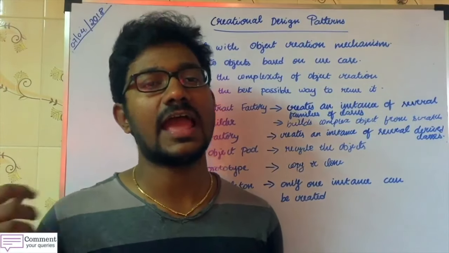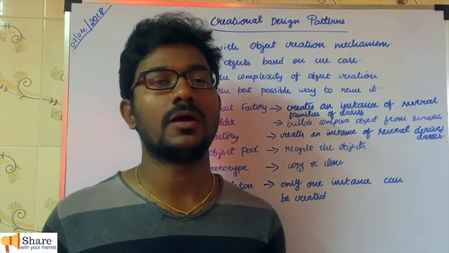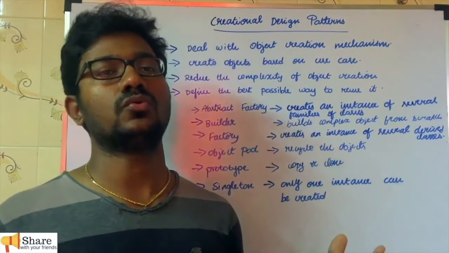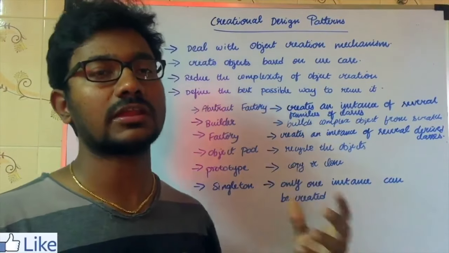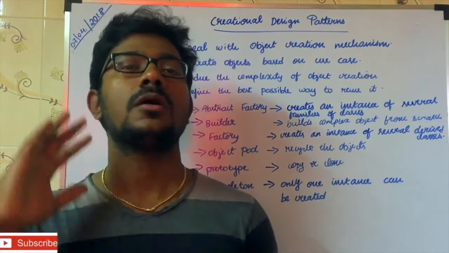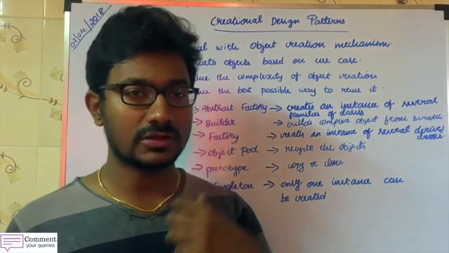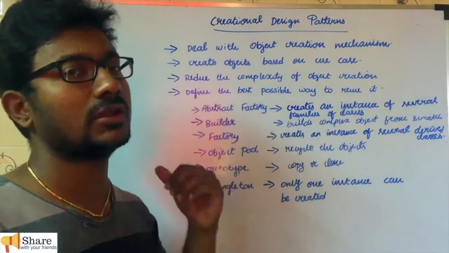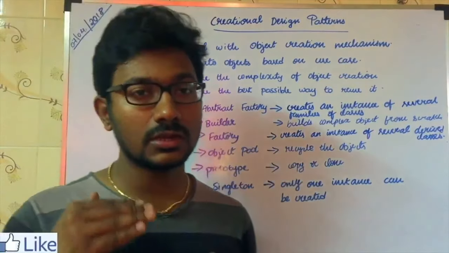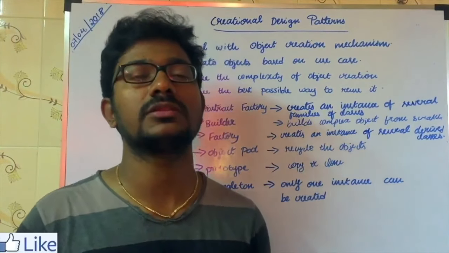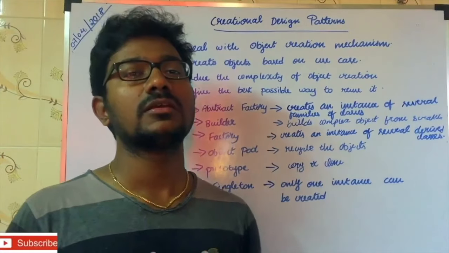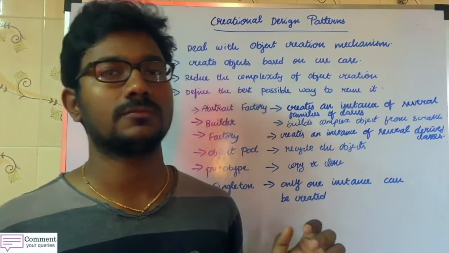We have some classes like ant, and so on, and a human family. So based on the input, this abstract factory will try to return the best object. Suppose your use case falls under this category, then you need to use the abstract factory design pattern. We'll cover each design pattern in the upcoming videos. So for now, just treat it as a brief introduction.